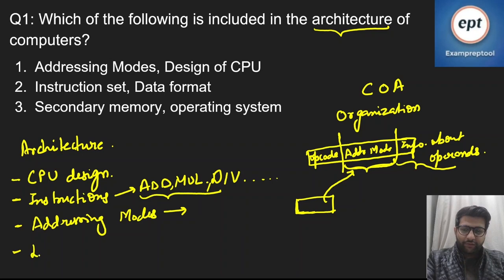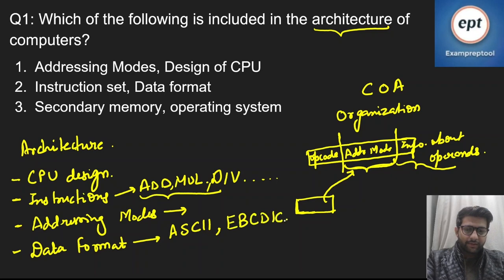And fourth one is data format. That is how the numbers or how the characters will be represented. So if you have heard about the ASCII characters or other ones like the EBCDIC code, right?